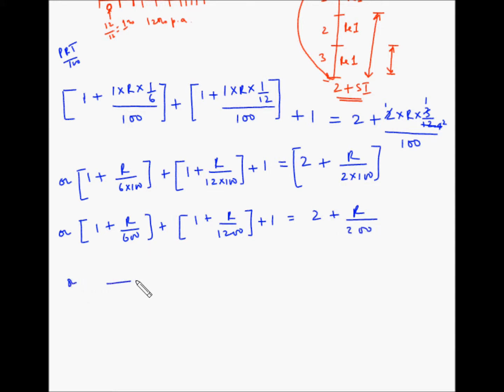So here we can take 1200 as the LCM. So 1 multiplied by 1200 is 1200, plus 600 2s are 1200.